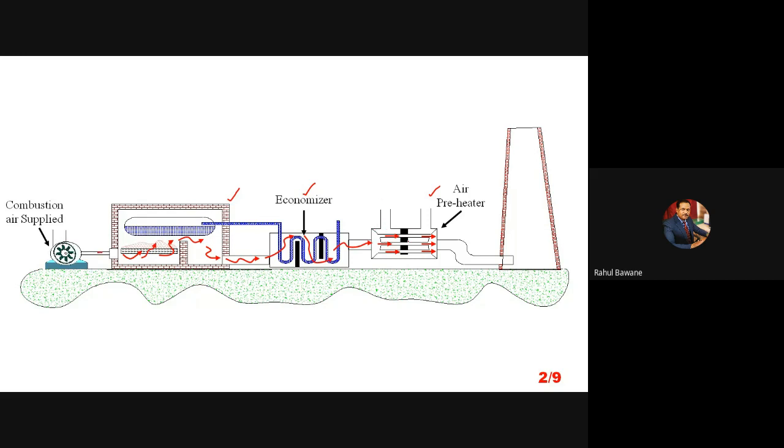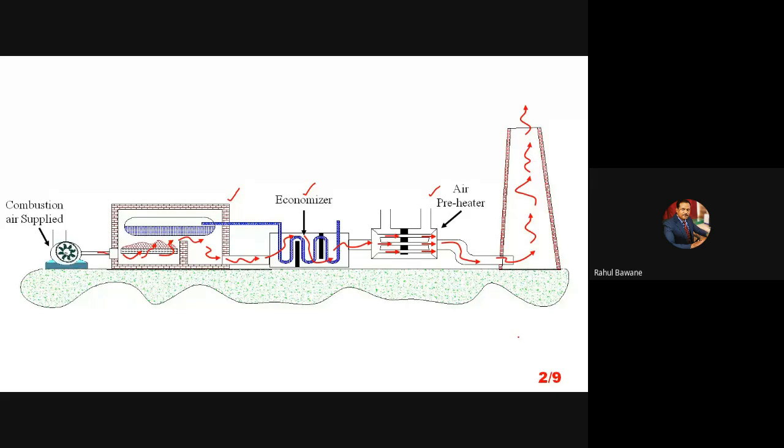So again in the air preheater, these hot exhaust gases deliver some heat to preheat our atmospheric air. Now ultimately, whatever heat remains in the exhaust gases, those exhaust gases are allowed to pass through the chimney, and at a particular height they are exhausted into the atmosphere.